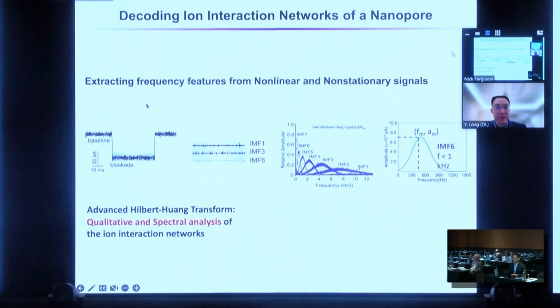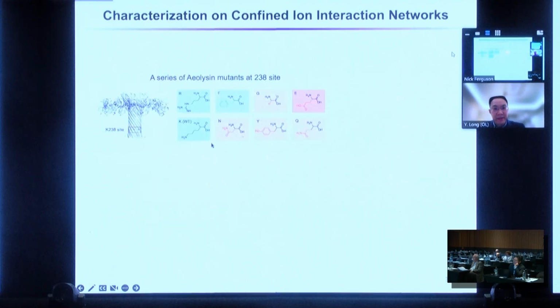Here we use the Hilbert-Huang transform to extract the frequency information from these nonlinear, non-stationary signals. So we can track the information from the current and get a different understanding of this network.